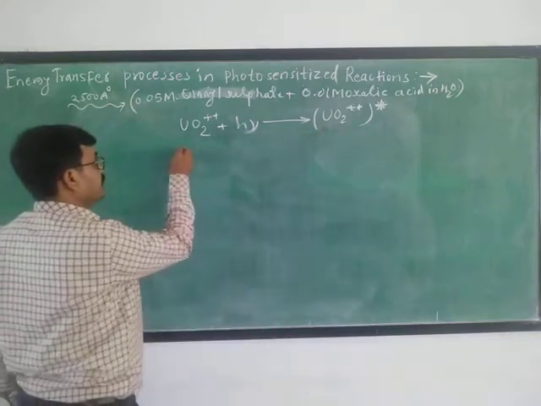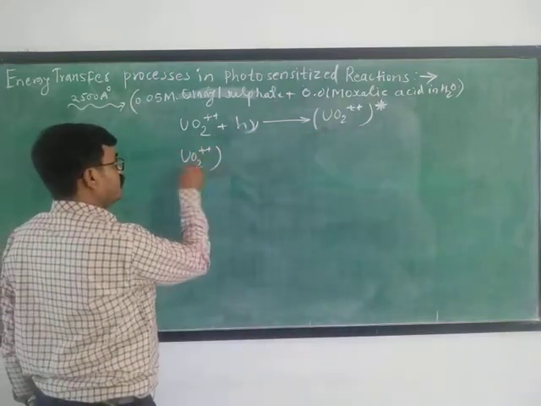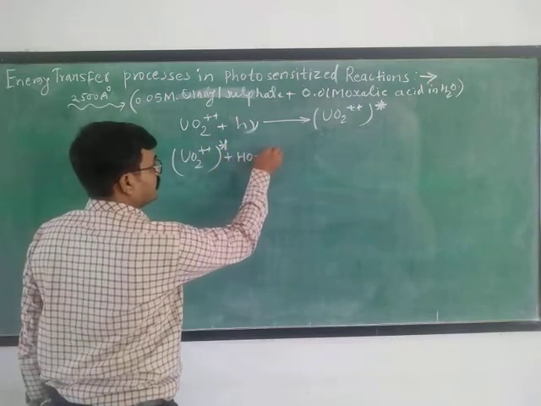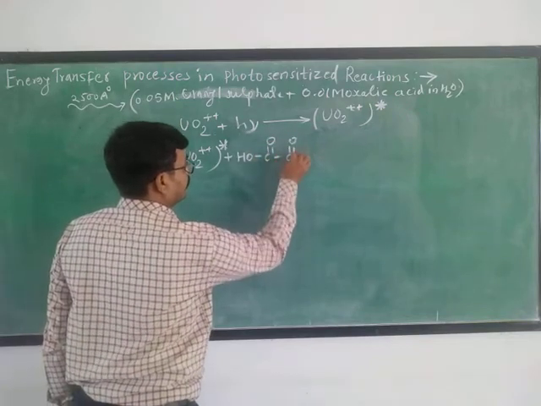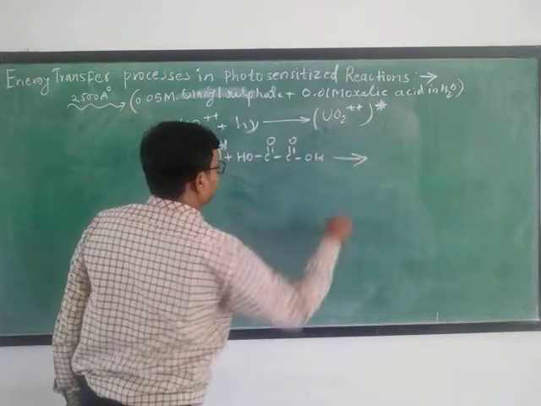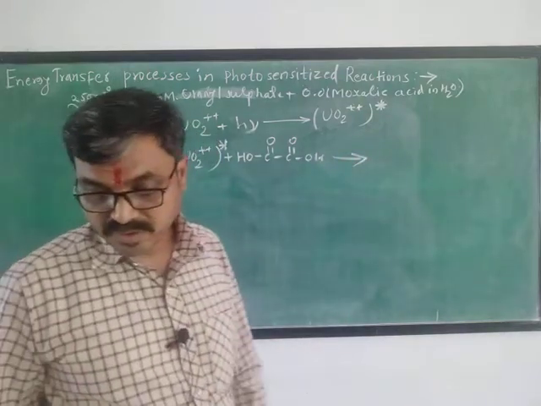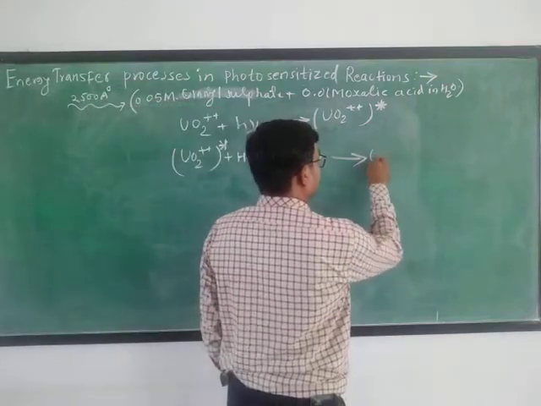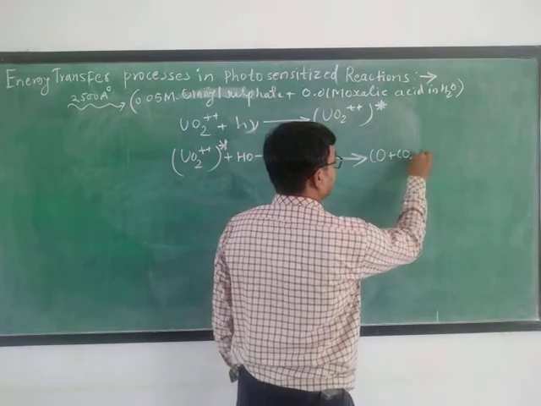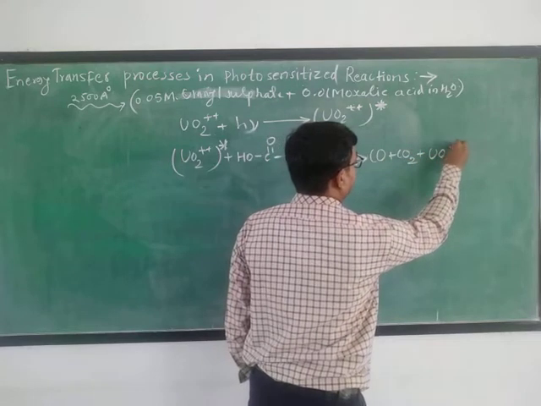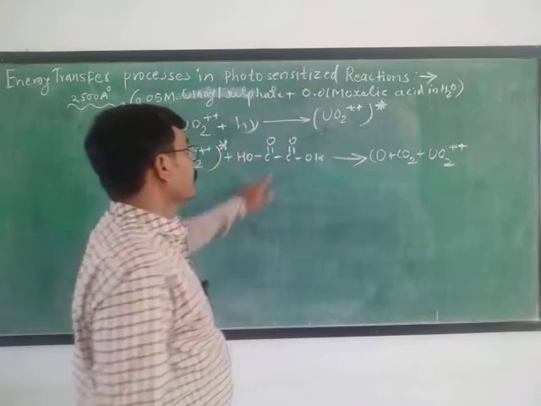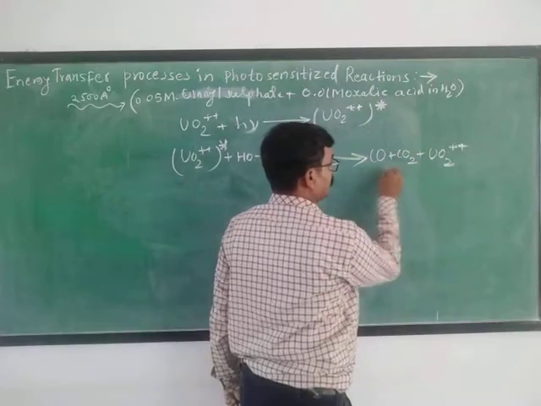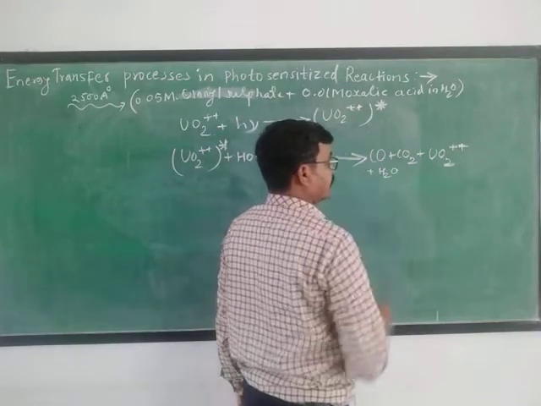After exciting, this uranyl ion, UO2 ion in the excited state, collides with the oxalic acid. This oxalic acid gets decomposed and it gives carbon monoxide plus CO2 plus uranyl ions as they were. CO plus CO2 plus uranyl ion plus H2O. Okay, this is the balanced reaction.